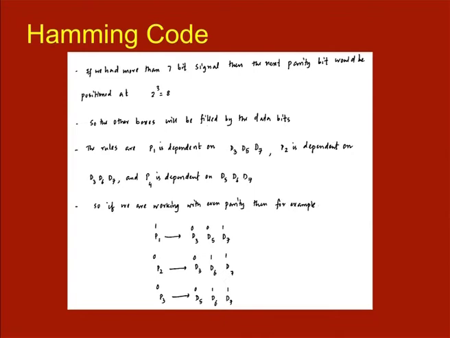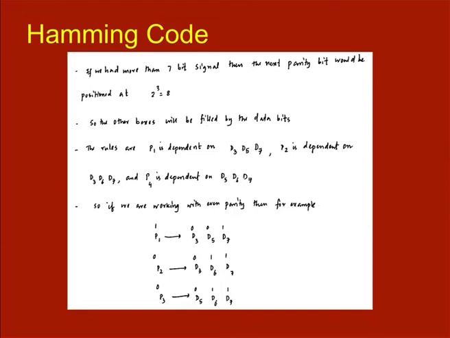Because P1 is dependent on D3, D5 and D7, if we have D3, D5, D7 as 0, 0 and 1, and we consider even parity, then P1 has to be 1 to get the even parity, because we have only one 1 in the data bits.